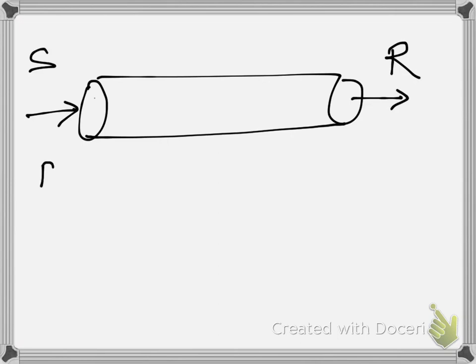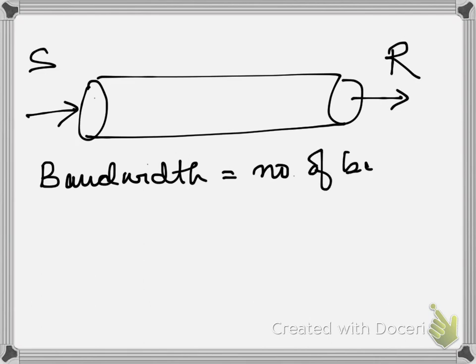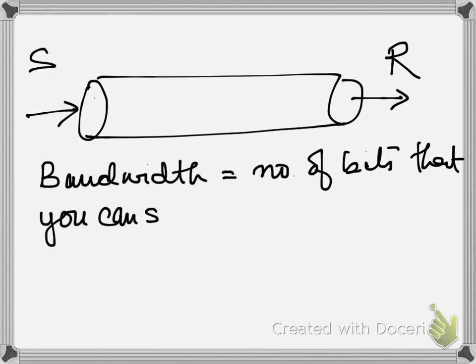So bandwidth is equal to the number of bits that you can send through the link at a time.